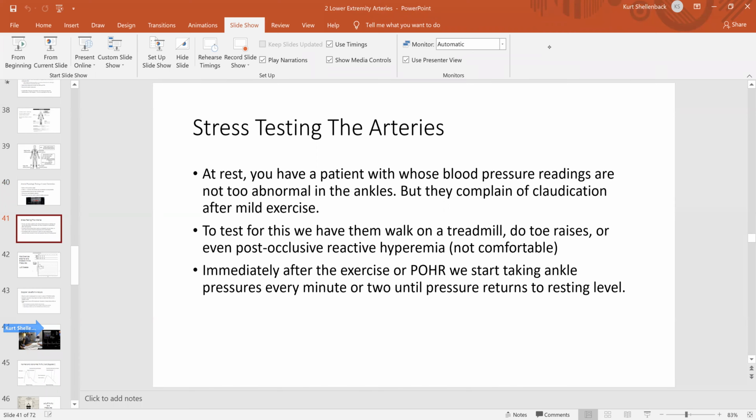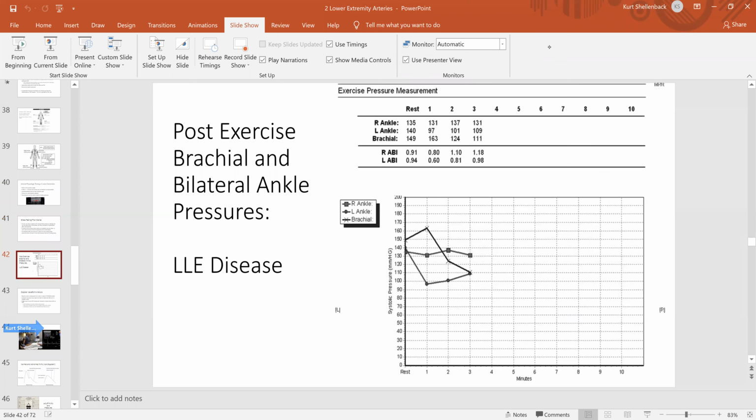Stress testing, so we could force them. I don't know why. Oh, I know why. So this is basically an ankle measurement, but it is an ABI because there's brachial here.